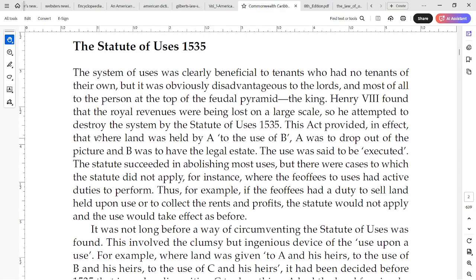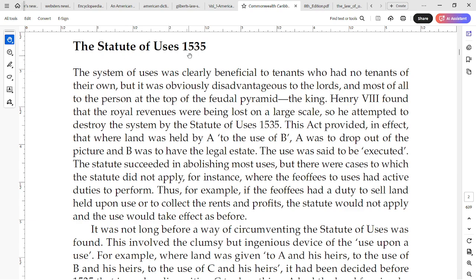So we're going to read this to get a gist of how the Statute of Uses came about in 1535. And we're also going to read other books that go into much more detail on the whole history of uses and trusts. As I said, this is just for an introduction. All right, so let's go.